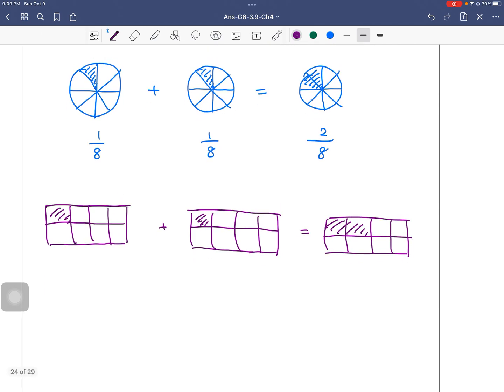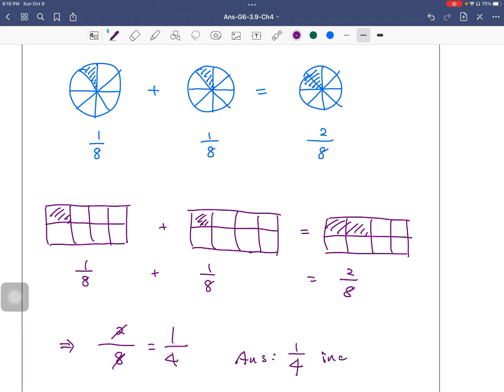So in the end, I have 1/8 plus 1/8 equals 2/8. And I want to write it in simplest form, so 2/8 divided by 2 is 1/4. So the trunk will increase by 1/4 inch.